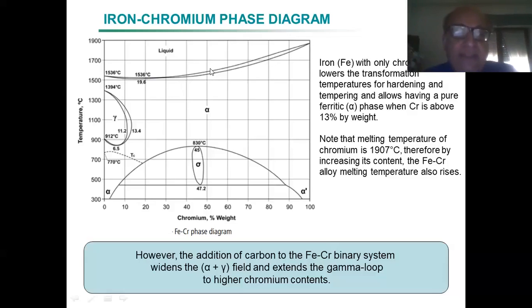Because you can see the sigma region, the kind of ellipse, which is around 47.2 chromium weight percent, and from around 450 to 830 degrees. The sigma is an intermetallic, and it is something to be avoided.